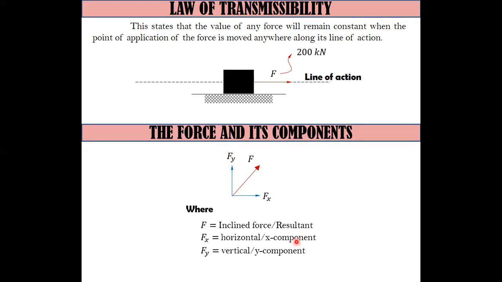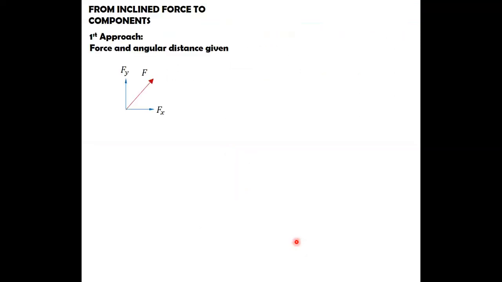Now, probably most of you are asking, Sir, what are the basic processes that we can use to compute the components of an inclined force? We actually have two approaches, depending on the orientation of the distance given.